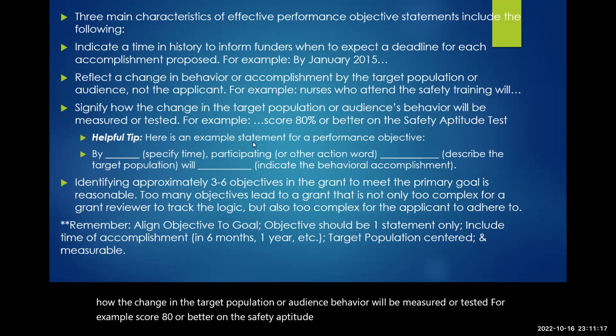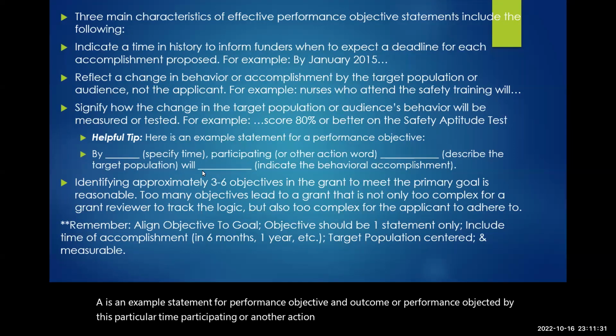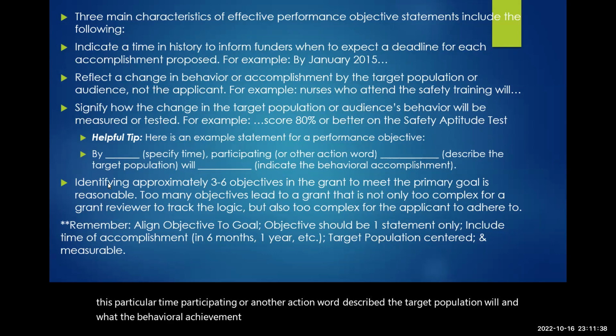Here's an example statement for an outcome or performance objective: by this particular time, participating, or another action word, describe the target population will and what the behavioral achievement or accomplishment will be.